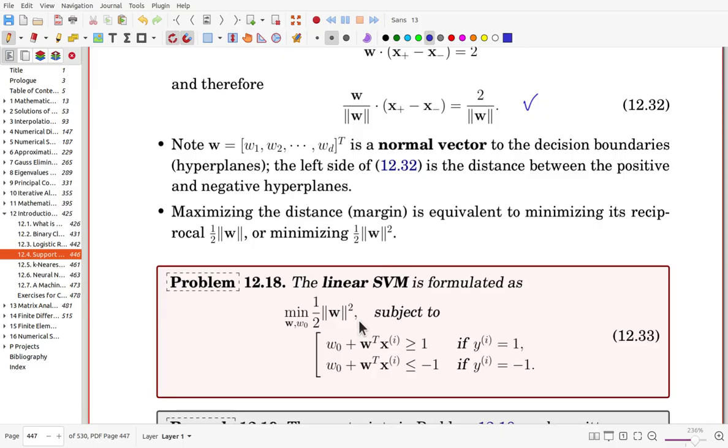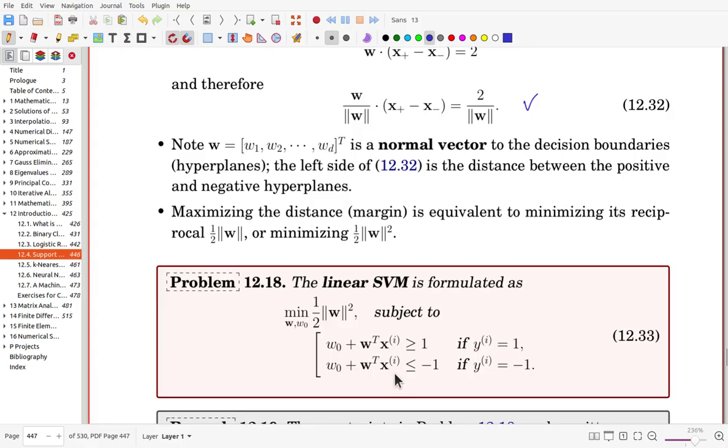So in support vector machine, we have to minimize one half W norm squared, subject to these conditions being satisfied. For positive points on the boundary, the value is 1, but for other positive points, it can be larger than 1.